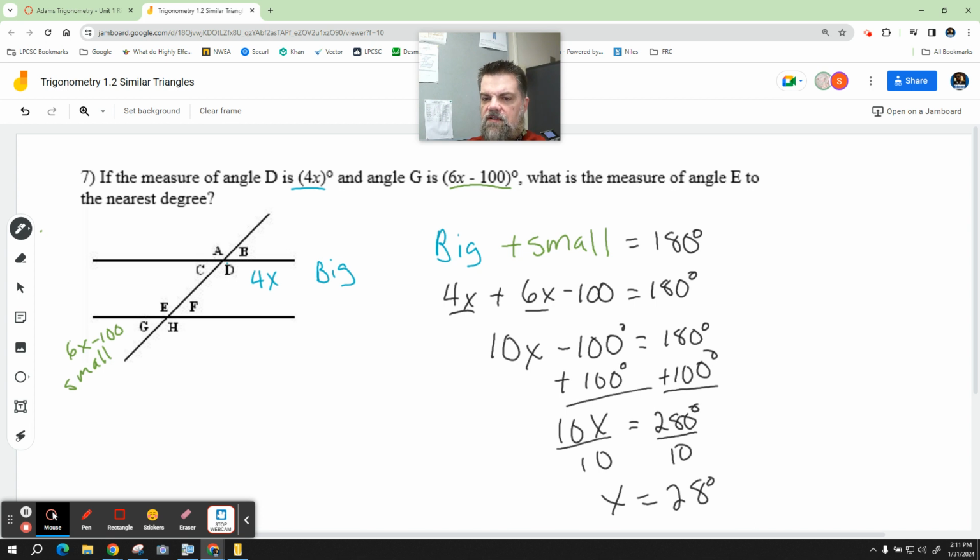So then remember that these should add up to 180. So I'm going to plug them in and then see if they add up. So my big angle should be 4 times 28. What's that? 112? 112 degrees.